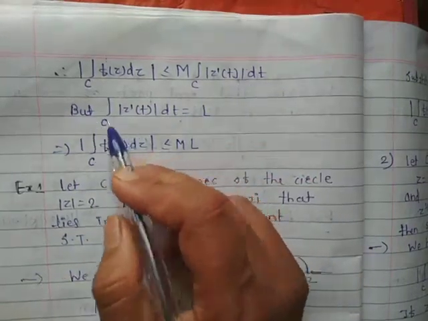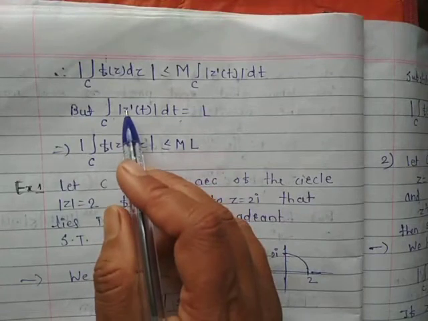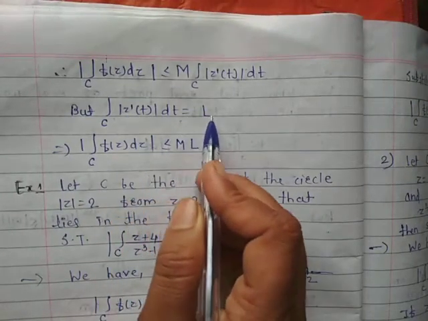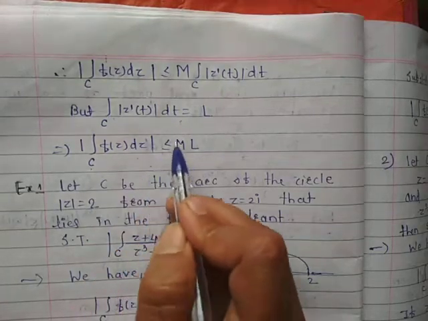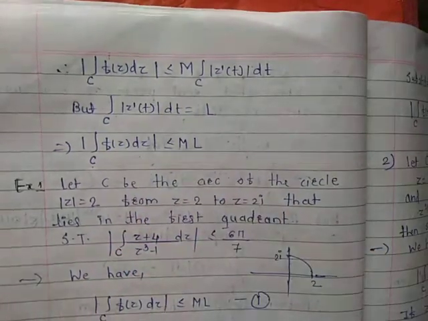But we have seen that the integral over C of the modulus of z'(t) dt is equal to L. So the modulus of the integral over C of f(z) dz is less than or equal to ML.